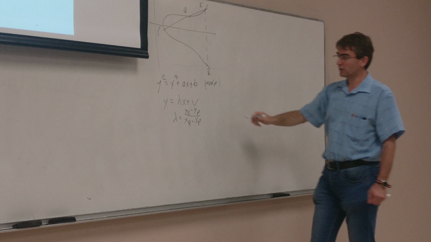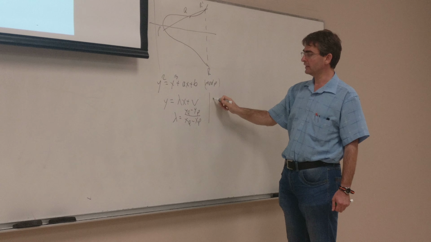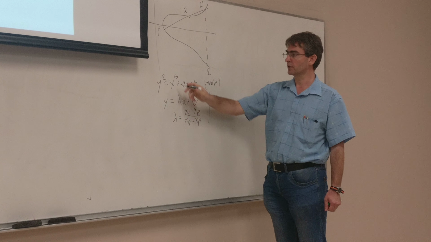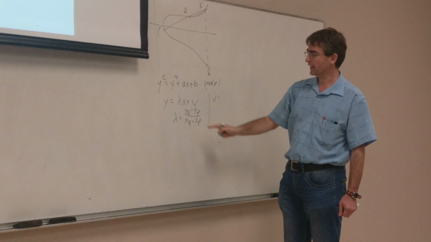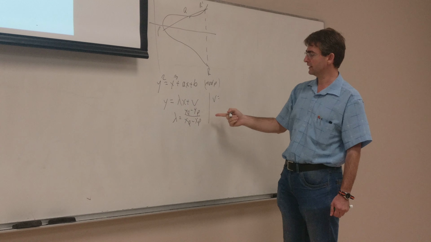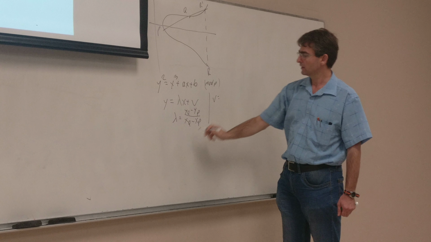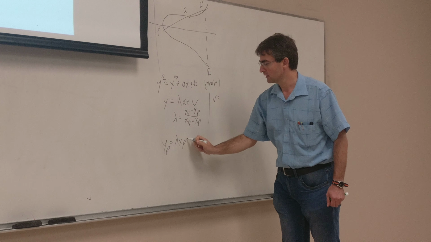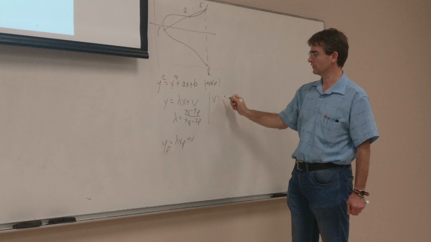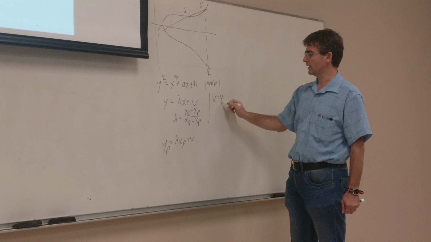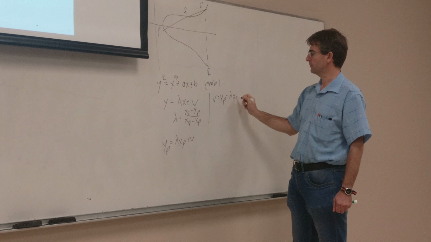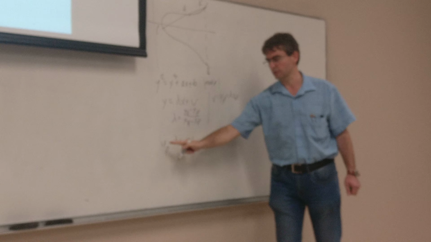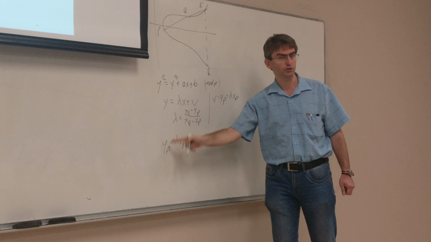Therefore, v can be computed from the values we have for one of the points, let's say P. We know that yp equals lambda times xp plus v. Therefore, v is equal to yp minus lambda xp. Just move it to the other side.